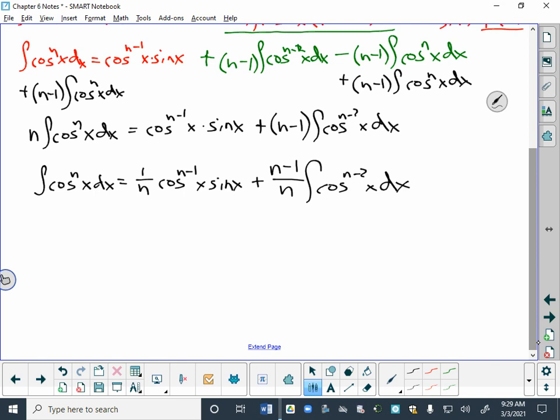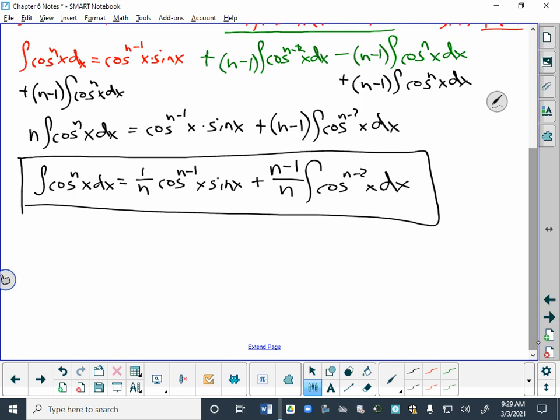Okay. It's called a reduction formula because it took a problem that was about cosine to the nth x and reduced it to a problem that was about cosine to the n minus 2 of x. So this is an example of the reduction formula for cosine to the nth.